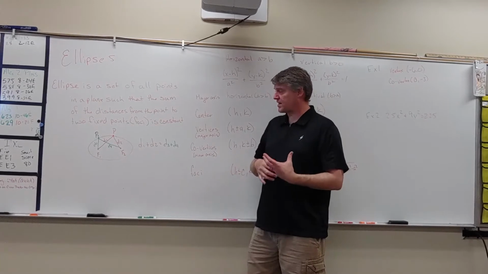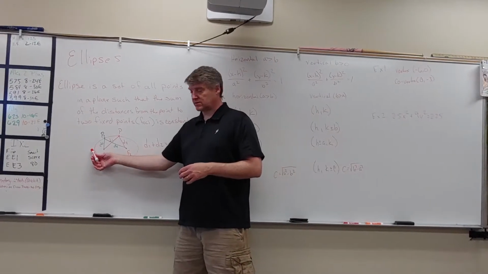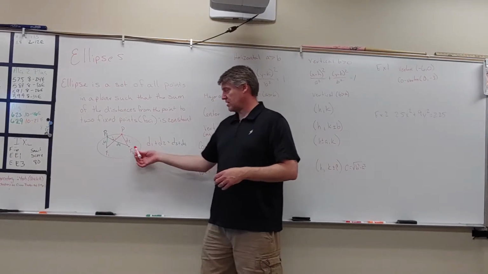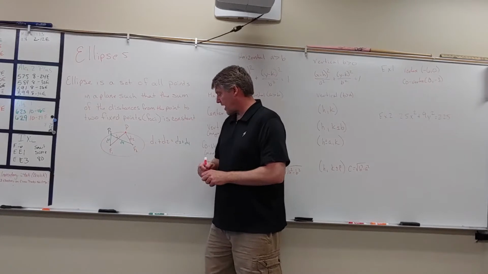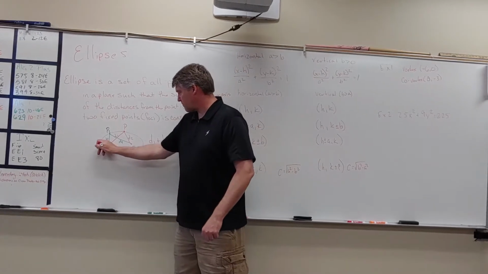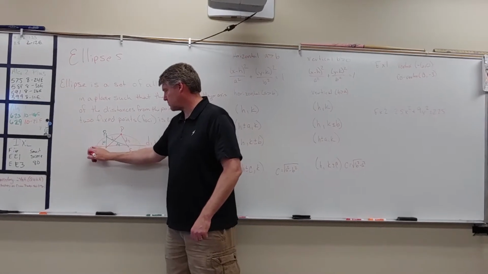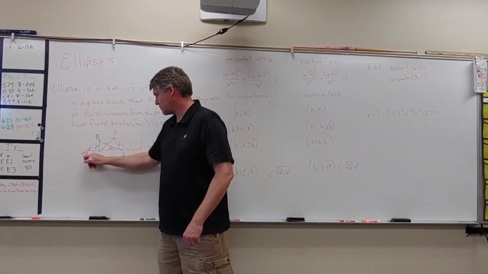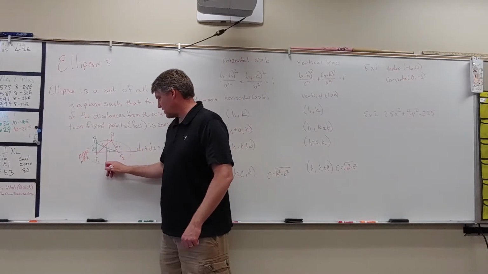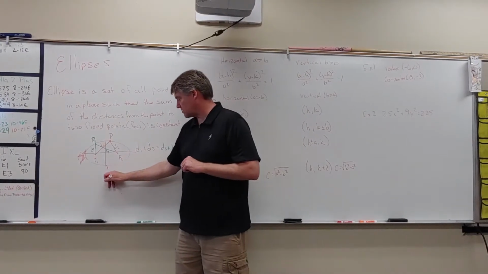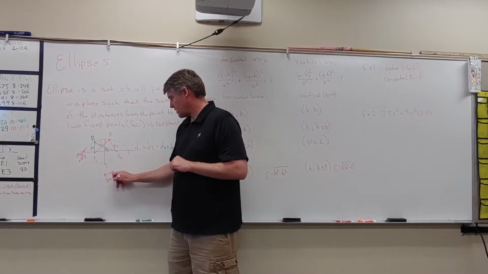So we have a lot of different pieces on this. We have our major axis, which is going to be the longest length through the foci. So this right here is our major axis. And our minor axis is going to be the smaller one.